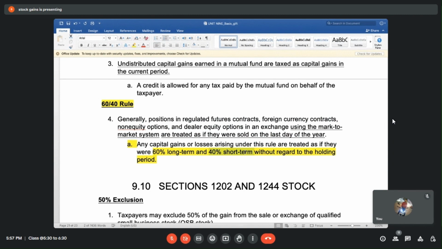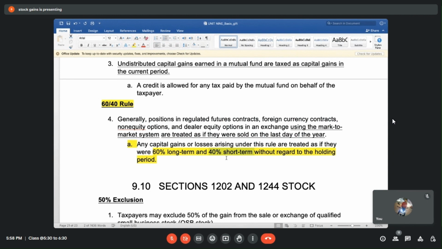To simplify it, the IRS is saying just go with the 60-40 rule: take 60% long term, 40% short term. Especially if you're dealing on US markets, whichever brokerage firm we are going through would do a proper compilation of all these transactions and give us a 1099 that we can take comfortably and put up for taxes. We don't have to go through each and every transaction and start calculating what is 60% and what is 40%.